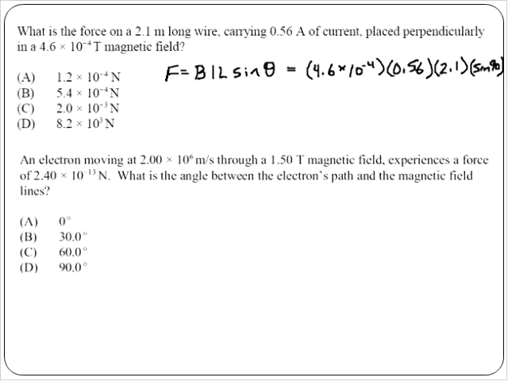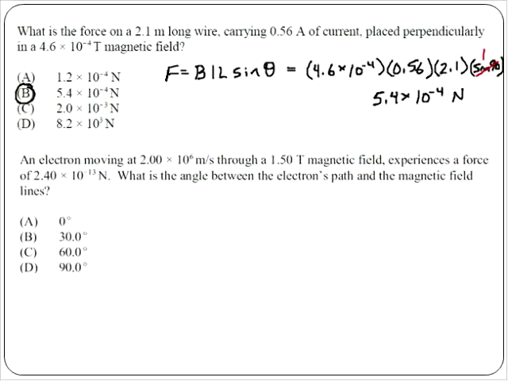Whenever it's 90 degrees, you can leave that part out if you want, because remember, the sine of 90 is 1. So even if you leave it out, it's not going to make any difference to the calculation. But if you put it in there, here's what you get. That equals 5.4 times 10 to the power of negative 4 newtons, which of course is choice B.